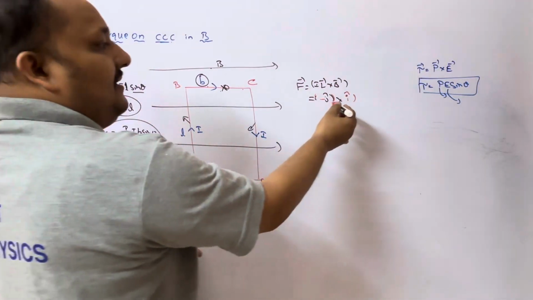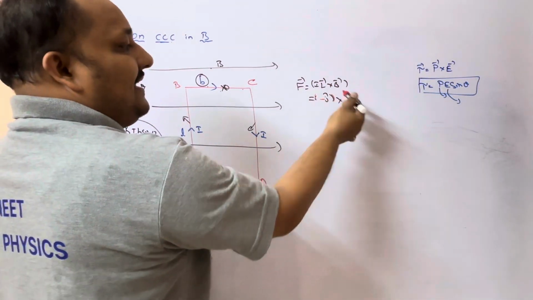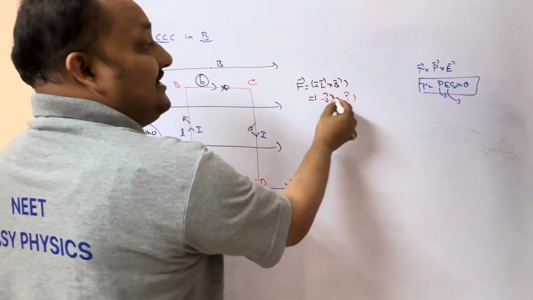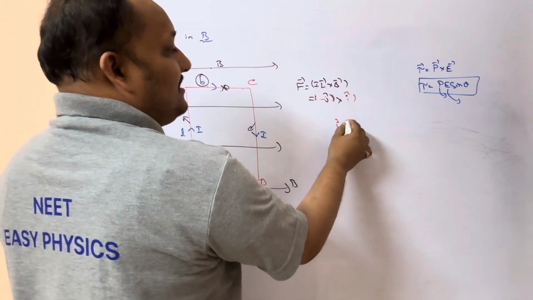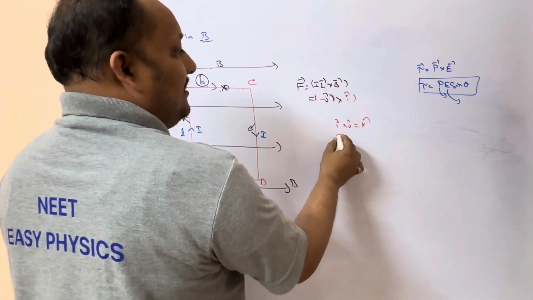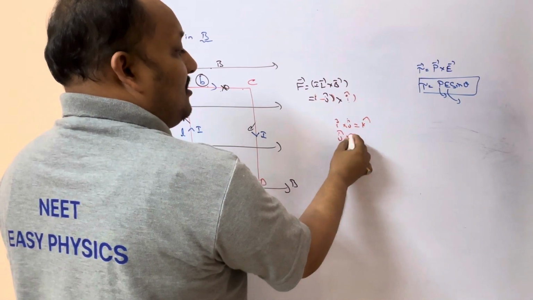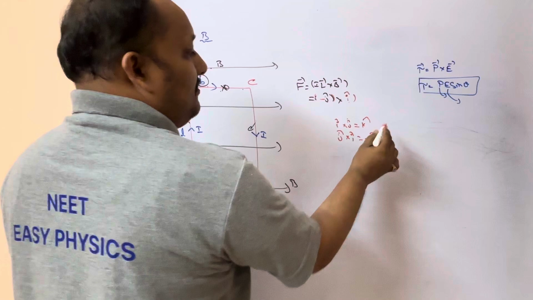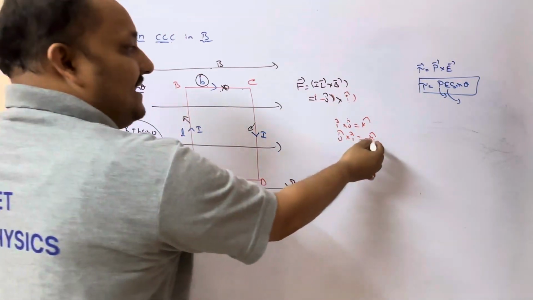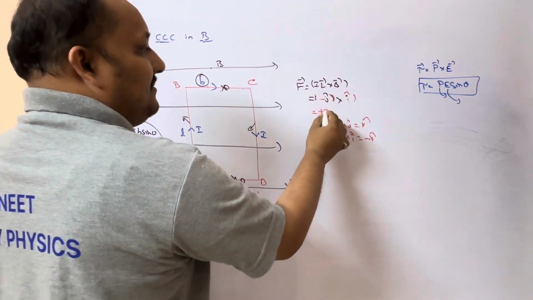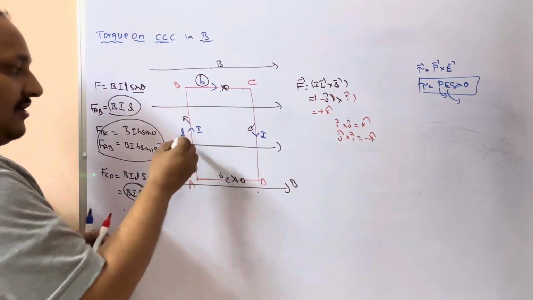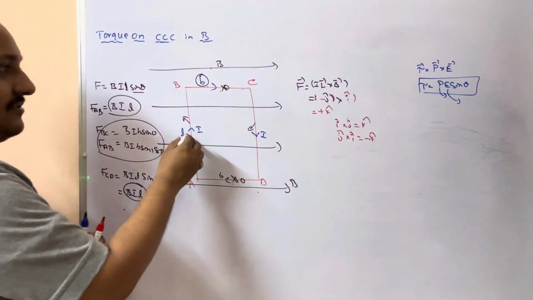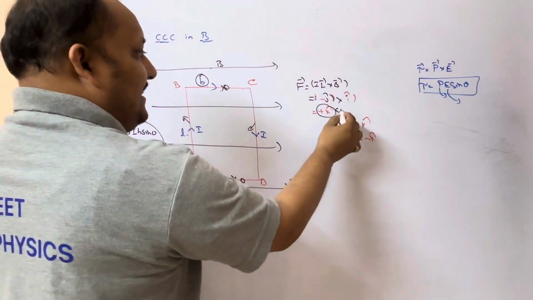Then how will it come? IJ, JK, KI. So I cap cross J cap is equal to K cap. Now J cap cross I cap is minus K cap. So minus K cap into minus is plus K cap. Therefore, the force is outside. This force is on CD.